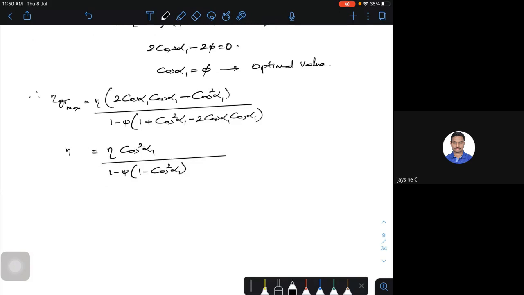So this is your maximum gross stage efficiency.